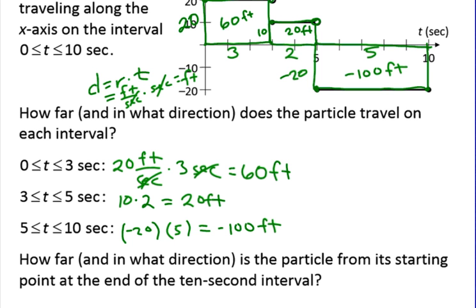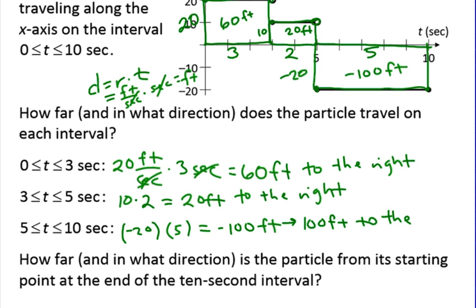What that really means is it travels 100 feet to the left. So we have 60 feet to the right, then we have 20 feet to the right, and then this means 100 feet to the left. Okay?